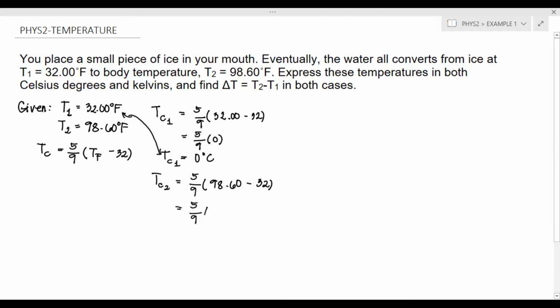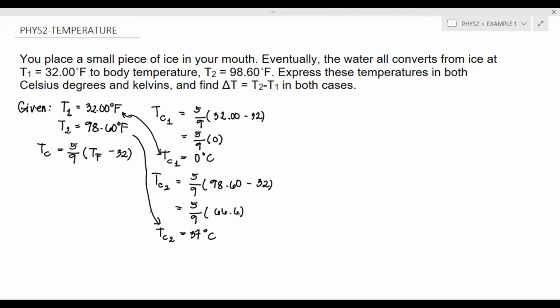So we will get here 66.6. If you multiply 5/9 by 66.6, you will get 37 degrees Celsius. Now, this is the conversion of T2 in degrees Celsius.